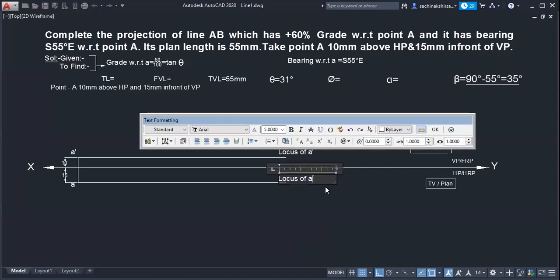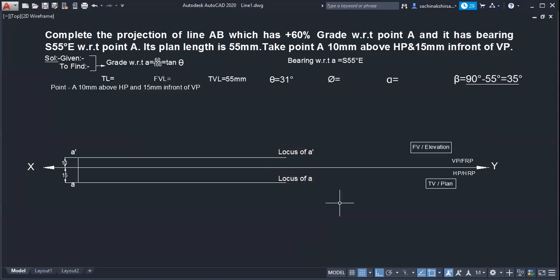This is A. What to do next? Point A we have located. Then what do we have to do? Theta, 31. Where do we have to mark this theta? In VP or HP? Above XY or below XY? Above XY.